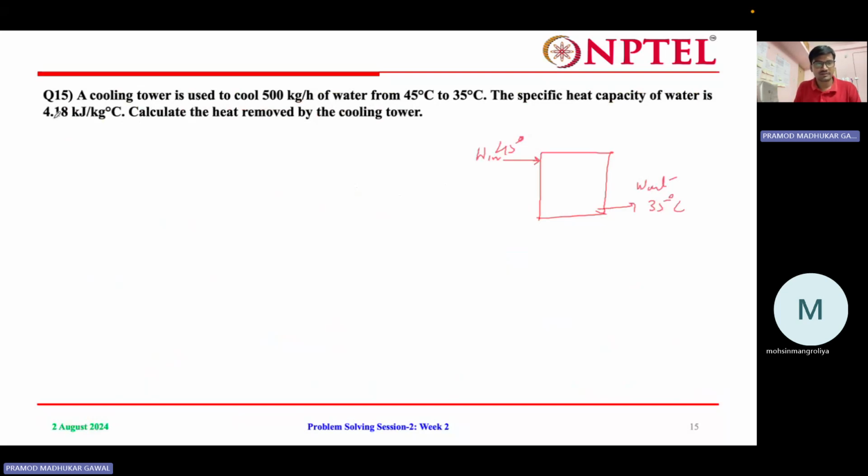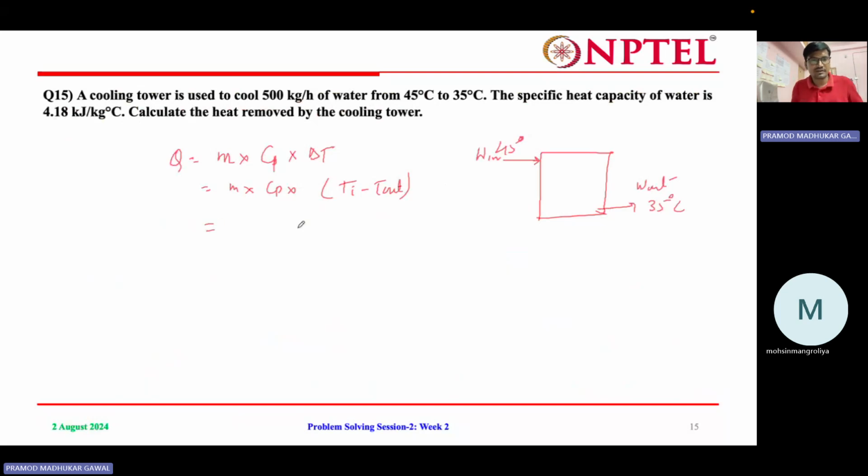So here the CP value, heat capacity of water, is given, the specific heat. Right. So to calculate the heat removed, the formula is Q is equal to M, this is the mass flow rate, into CP heat capacity into delta T. Right. M CP into T in minus T out.